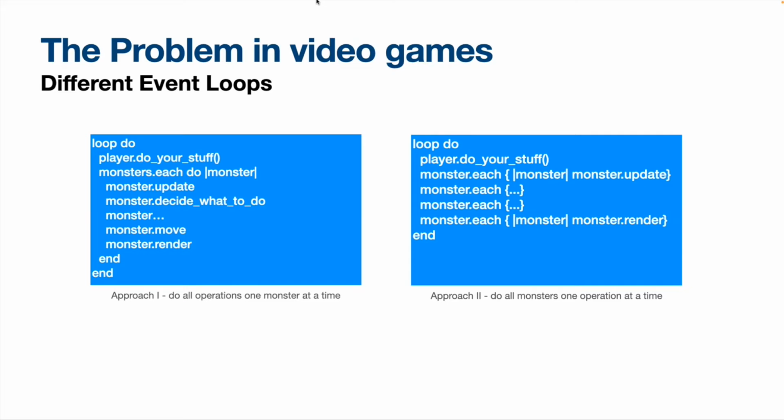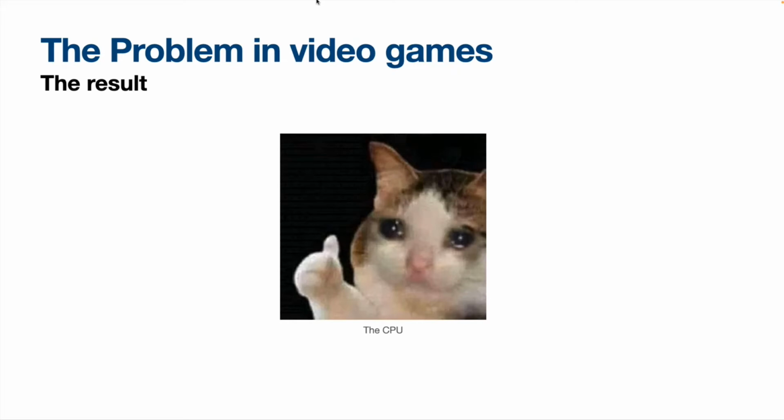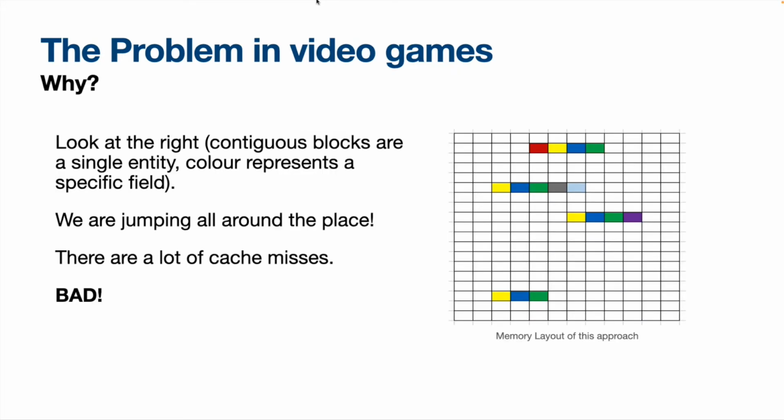And again, how do you think the CPU will react when having to manage this? Well, pretty easy. The reason is that if you take a look at how the data is stored in memory, contiguous colored blocks are the same entity, while same-colored blocks are a specific field.